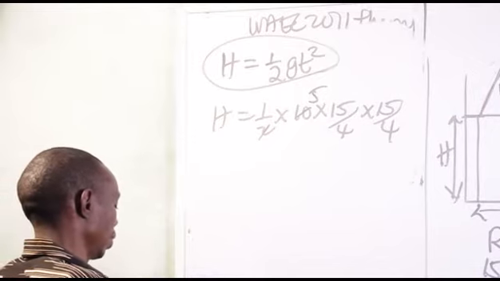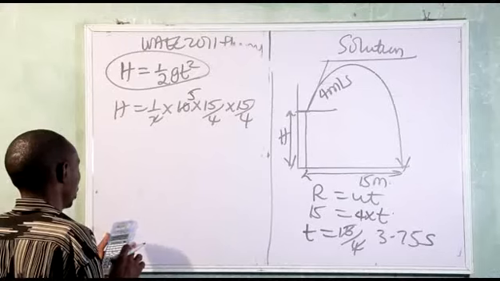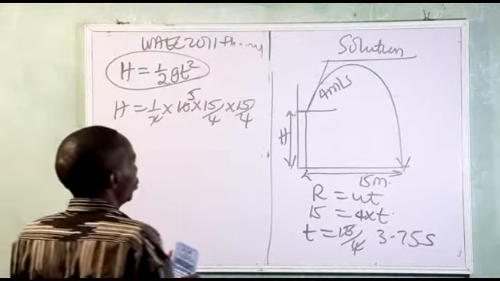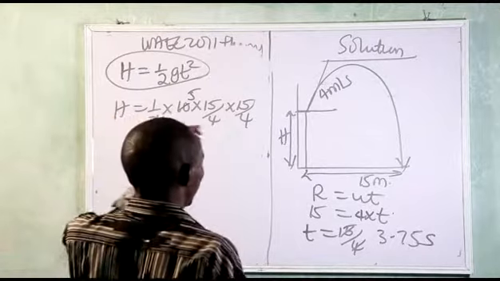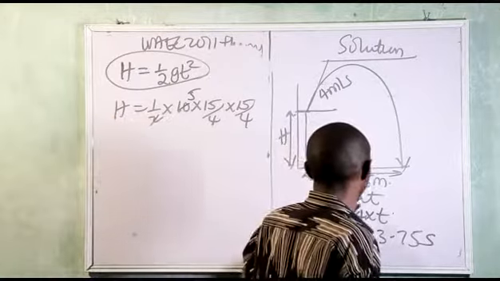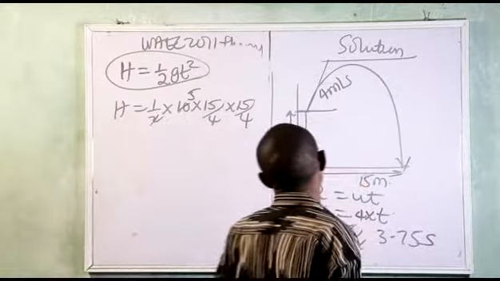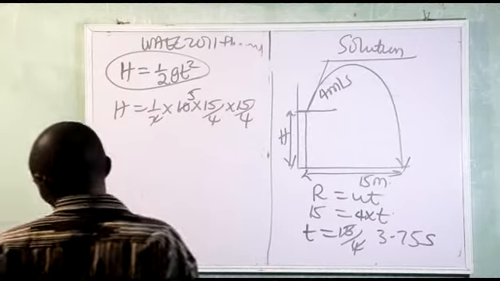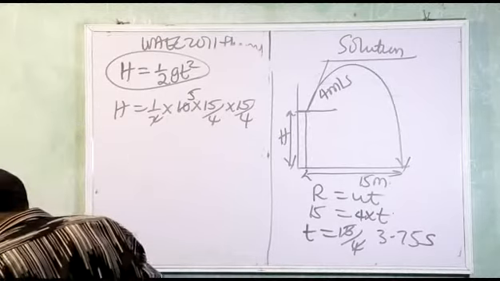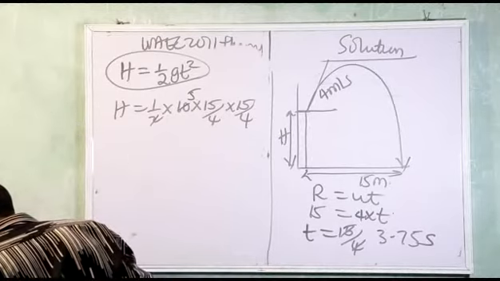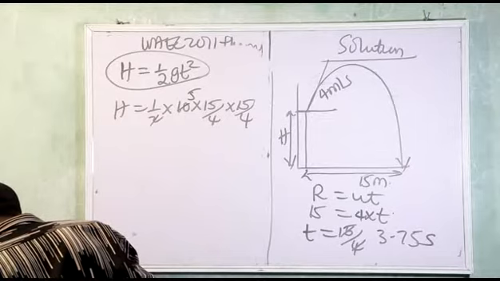Let's check any parameter missing. No parameter missing. I give you the range, the velocity, the t. We look for t. After knowing t, find the height of the tower. Let's be sure there's no parameter missing.